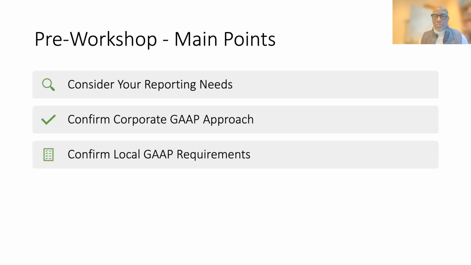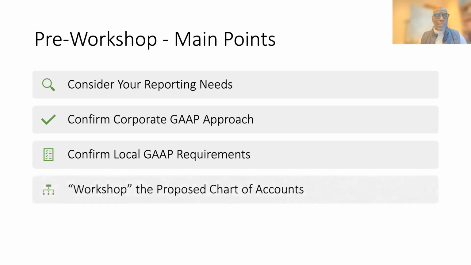So for example, in some countries, like France, they have the Plan Comptable Général, and in Italy there is another one. So think about local reporting requirements and look at what is required for local GAAP.